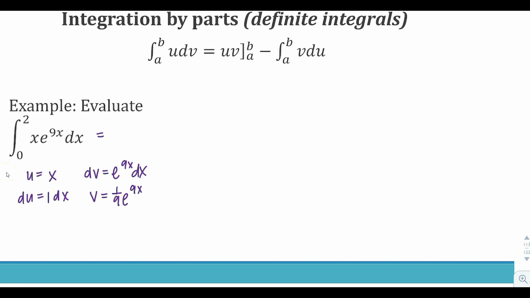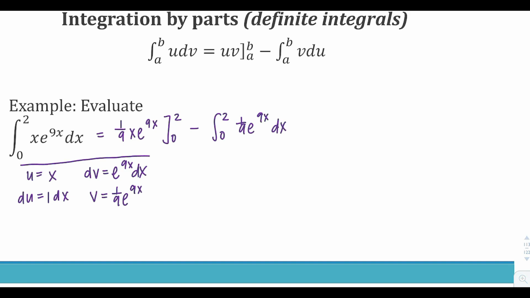So now this is going to equal u times v, so notice it's that diagonal, so I have 1/9 x e to the 9x evaluated from 0 to 2 minus the integral from 0 to 2 of v du. So that's just 1/9 e to the 9x dx.